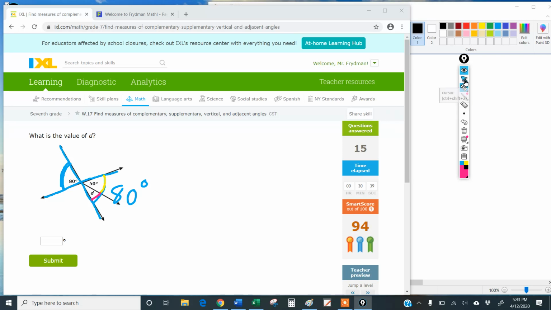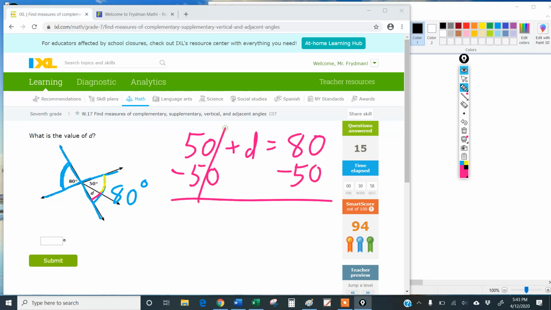So again, I can write an equation, 50 plus D, or D plus 50, doesn't matter, equals 80 this time. Not 90, not 180, just 80. And if we subtract 50 from both sides, we see that D must be equal to 30. Right? 50 plus 30 equals 80. So D must be 30.